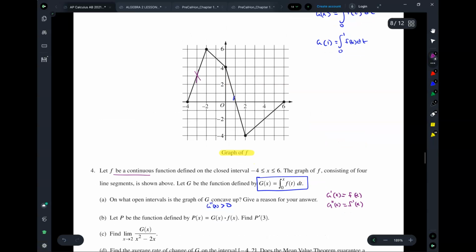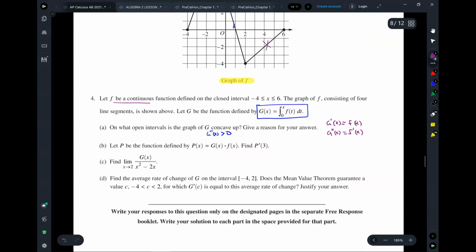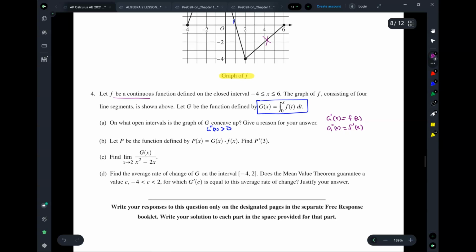So here and here, right? So that's from, so I say it's concave up. So G is concave up on -4 to -2 union 2 to 6.